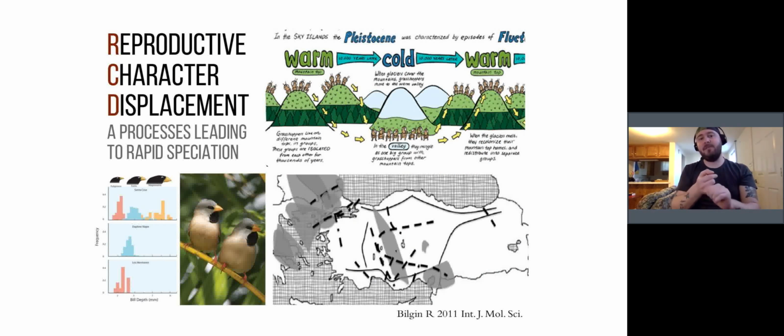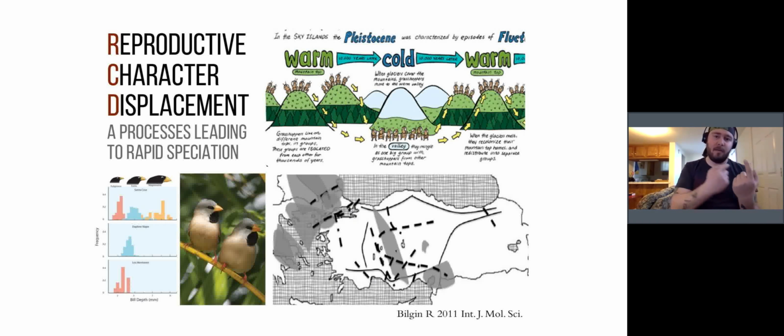Actually, reproductive character displacement makes 2 very strong predictions. The first prediction is that divergence in reproductive traits should be much faster in relation to other traits. Traits that have nothing to do with reproduction, but to do with local adaptation, should be diverging much more slowly than reproductive traits. So you should have an imbalance between reproductive traits and the other traits.